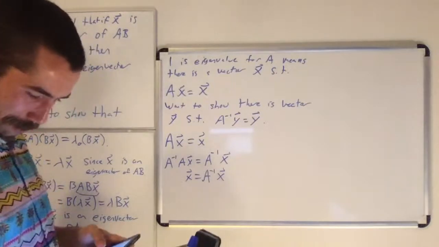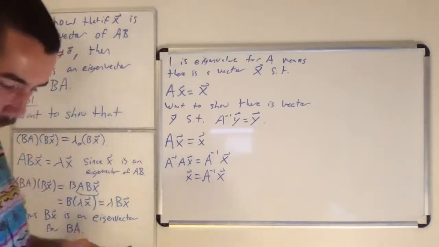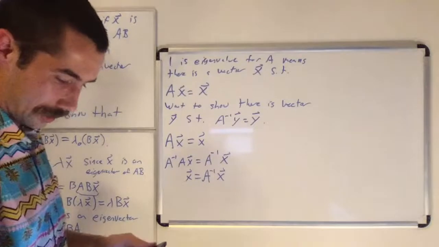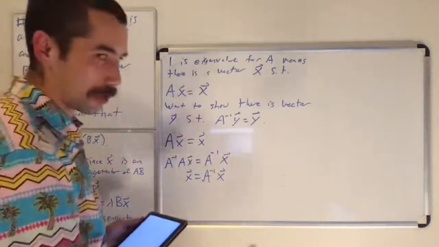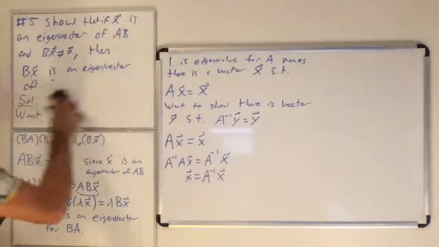Okay, I'm going to just pick some random ones. Each eigenvector of A is also an eigenvector of A inverse. Or of A squared, sorry.